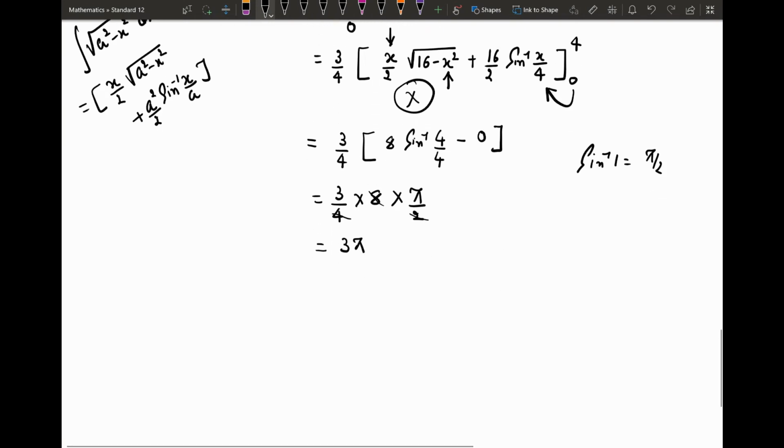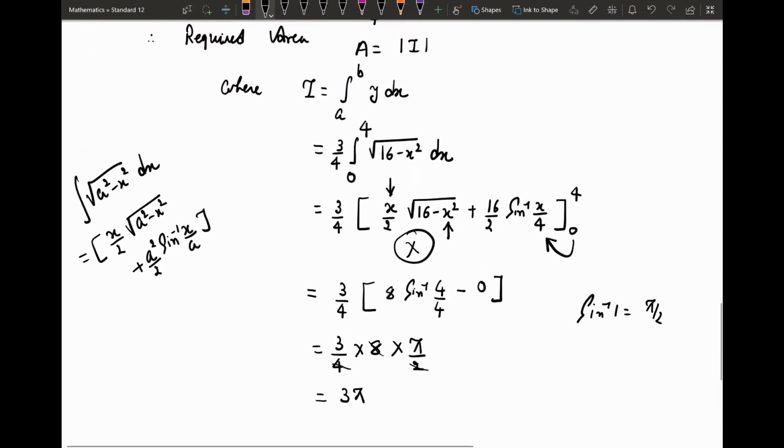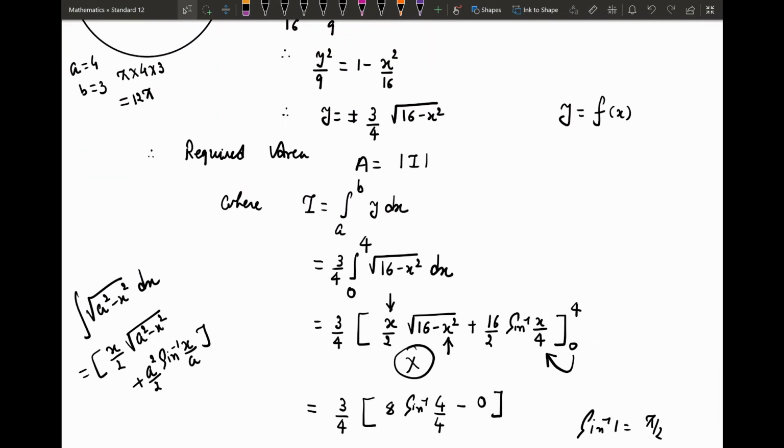Now this is only the area bounded in the first quadrant. So the total area is 4 into alpha. So the required area, we will not use only the area in the first quadrant.